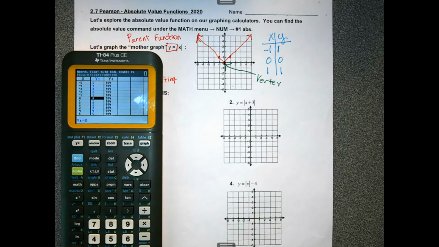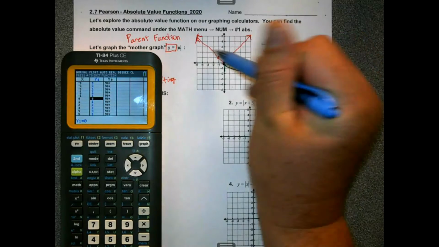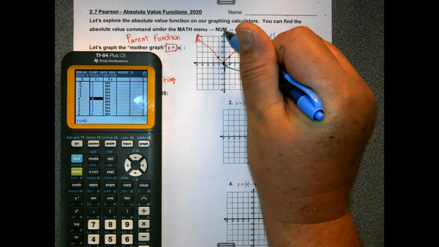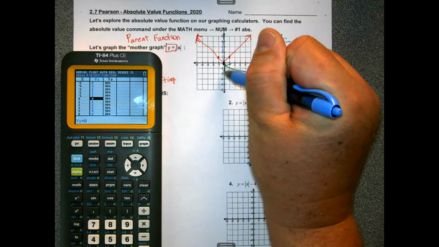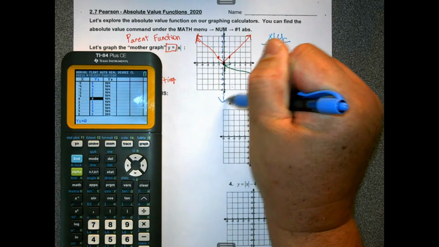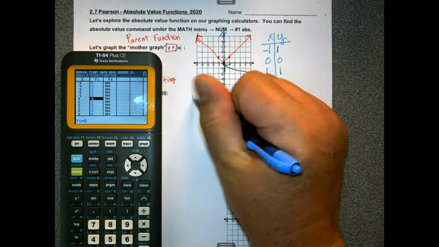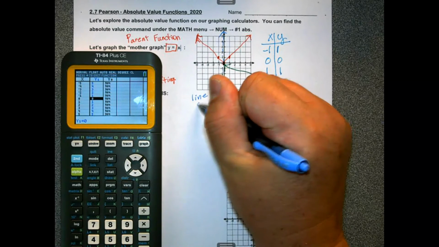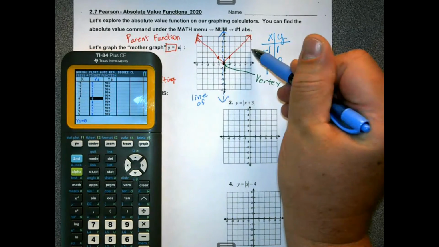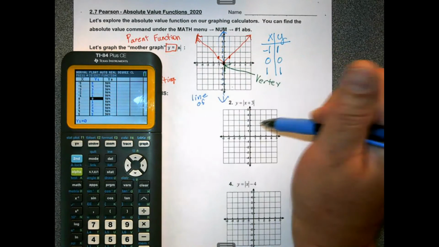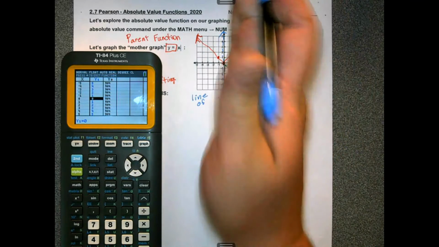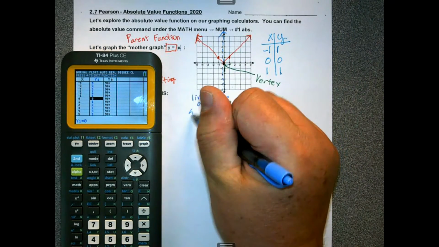Another important thing about this parent function, there's a line of symmetry for all absolute value functions. Okay? This is a line of symmetry, which means this half is exactly like that half. It's kind of like a mirror, right?